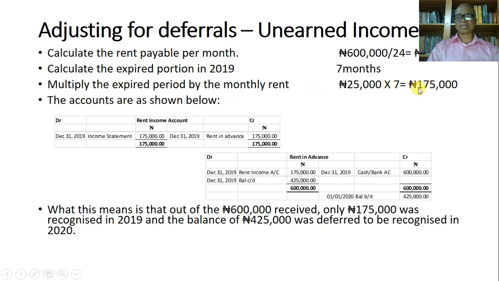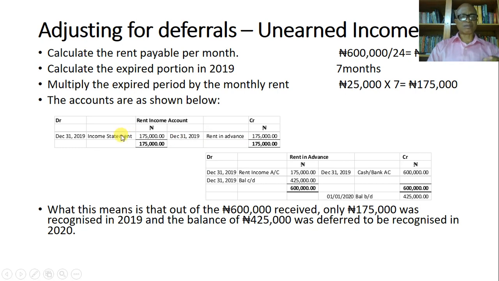The total amount was actually 175,000. So 175,000 is taken out of rent in advance by a debit entry, and the credits went to rent income account, 175,000.